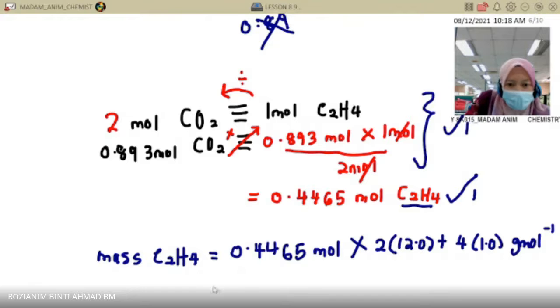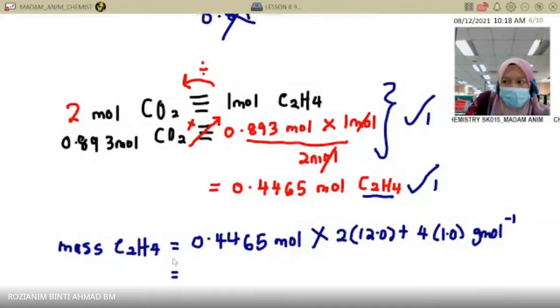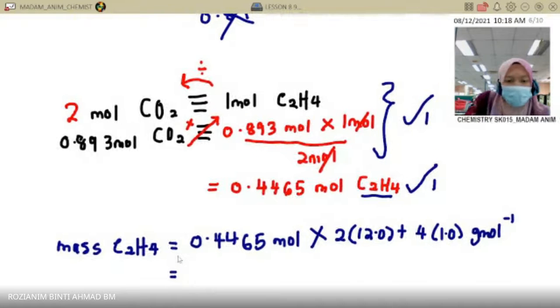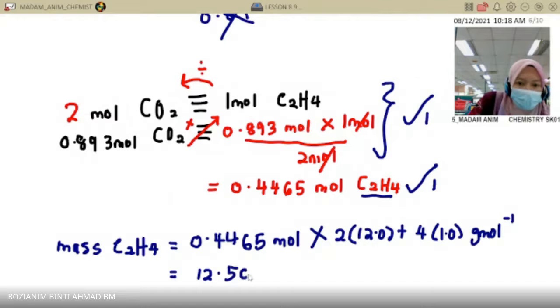And then finalize our finalized unit in gram. Okay, so dapatlah nilai dia adalah, saya rasa sama macam soalan, jadi tak ada jawapan. Betul, dapat 12.50 gram. Is it same?